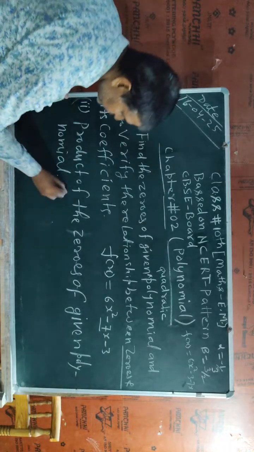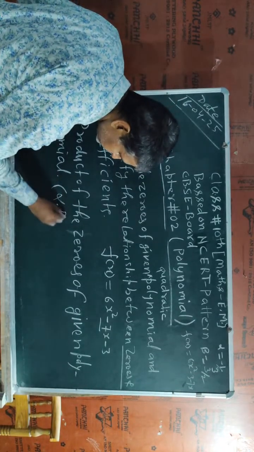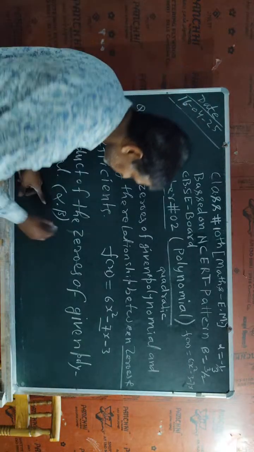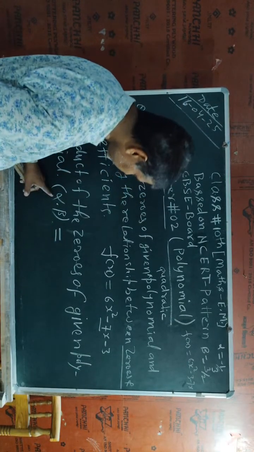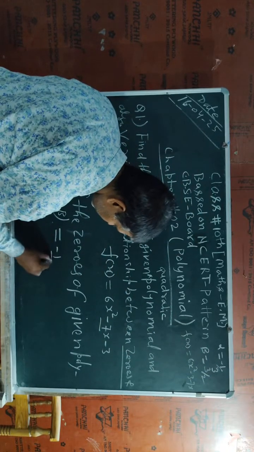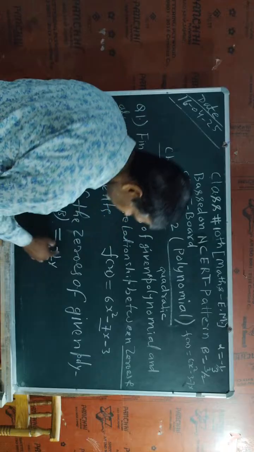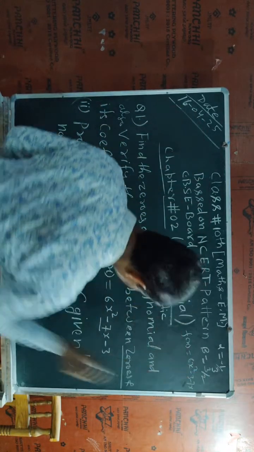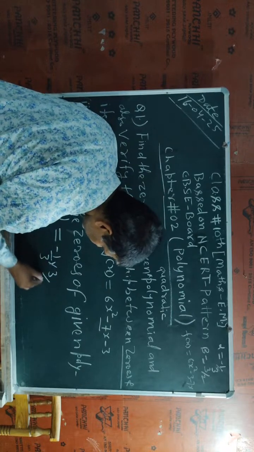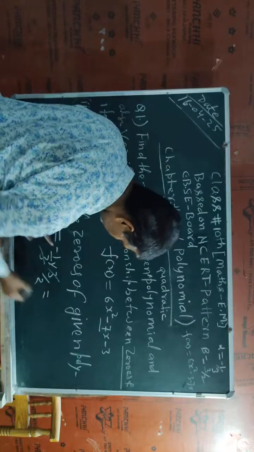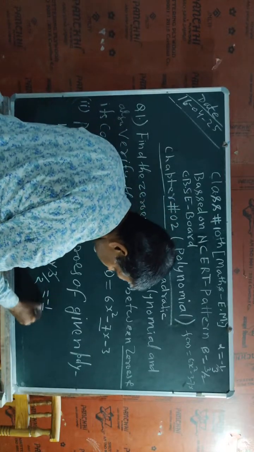Suppose that one zero's value is alpha and the other is beta. I have taken the value of alpha as minus 1 divided by 3, and the other is 3 divided by 2. Now 3 and 3 will cancel out. I will put here minus 1 divided by 2.